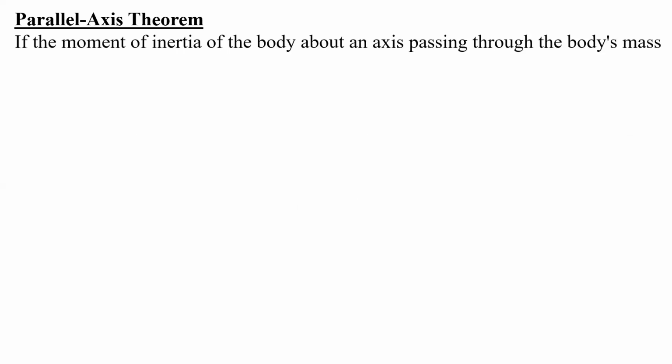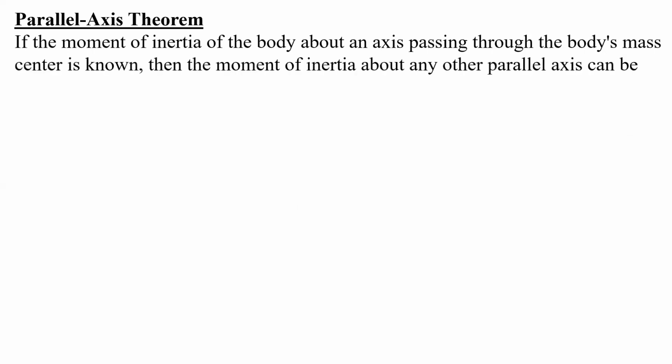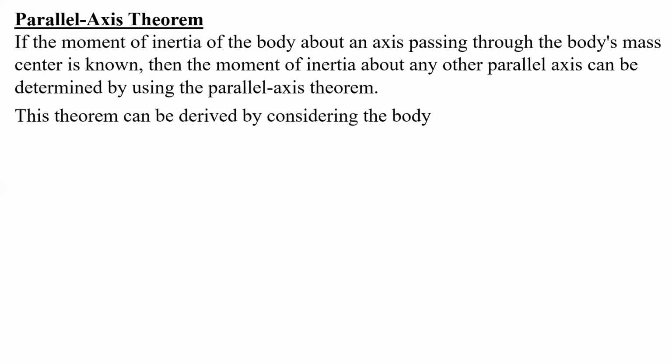Parallel axis theorem. If the moment of inertia of a body about an axis passing through the body's mass center is known, then the moment of inertia about any other parallel axis can be determined by using the parallel axis theorem. This theorem can be derived by considering the body shown in the figure.